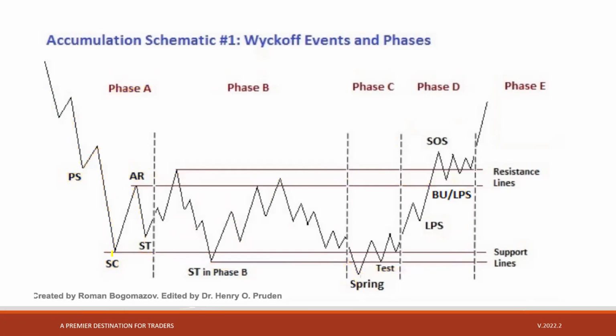Now, once the composite man has shown his hand, once the market has entered oversold territory, gone from the selling climax to the automatic rally, made the secondary test, this is where it will appear as though the market is now breaking higher. Remember, the market was making lower highs and lower lows.